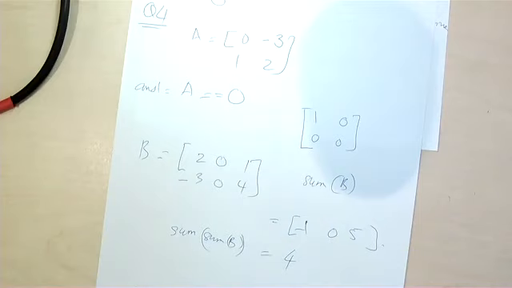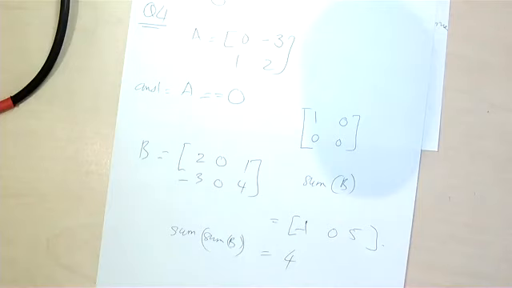And number 5. If sum of B would be the sum of the columns, what would be the MATLAB command for the sum of the rows? Good question. I think you just write sum, then comma 2. I can show you. Suppose the matrix B looks like this: 2, 0, 1, minus 3, 0, 4.